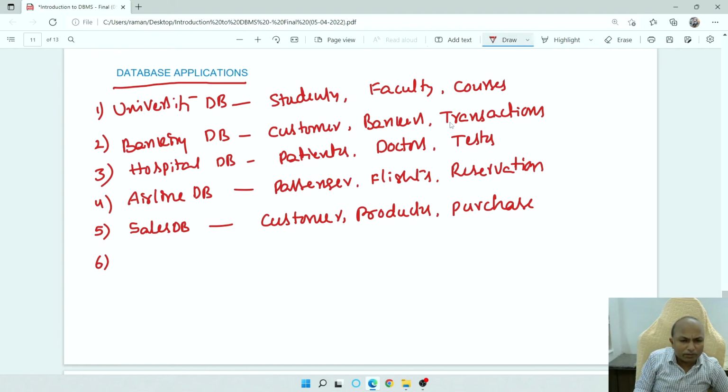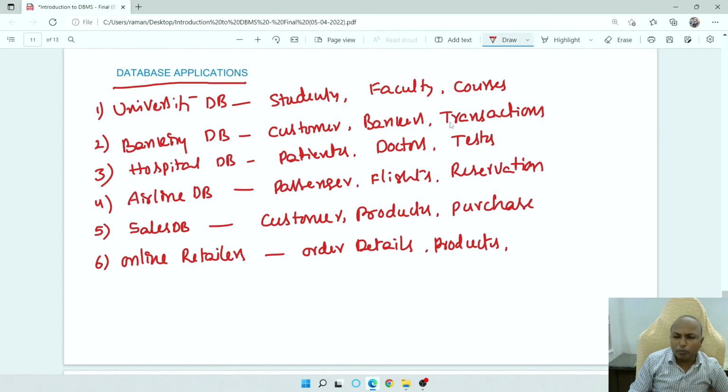Online retailers have one table meant for order details, one table for products, and another table for purchase details.